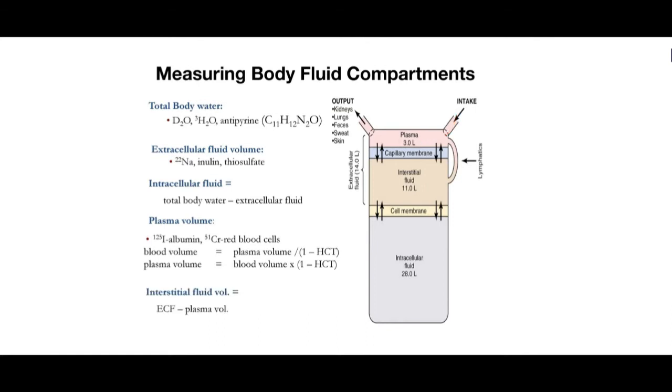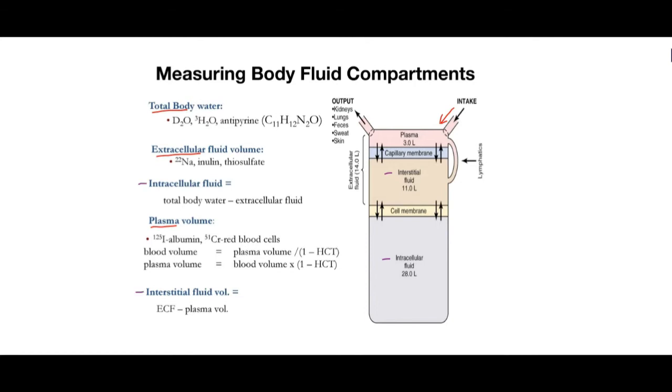So at the end of the day, we have 3 different compartments we're measuring directly. We're looking very specifically at our total, we're looking at extracellular, and we're looking at plasma. Why? Every single one of these is being injected into your bloodstream. Okay? We can figure out the intracellular and the interstitial by using some of these little equations to subtract.